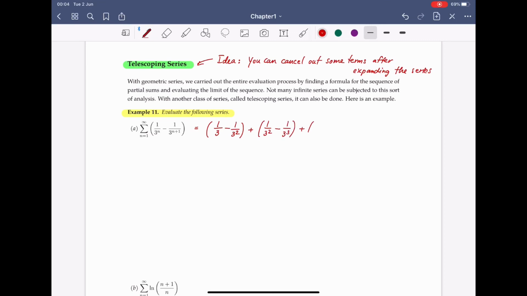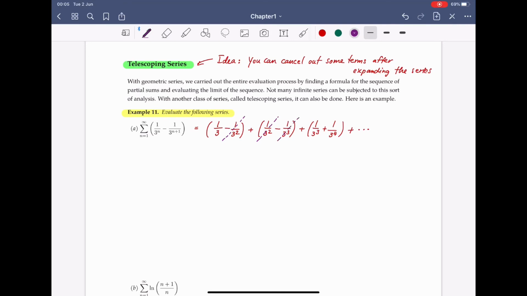The third term is going to be 1 over 3 cubed plus 1 over 3 to the fourth power, and so on. You can guess from here that this term and this term are going to cancel out, right?